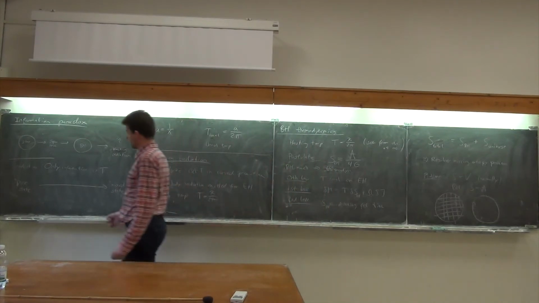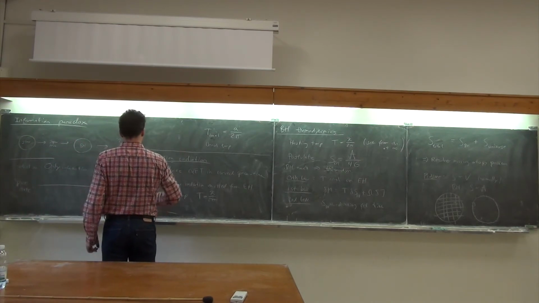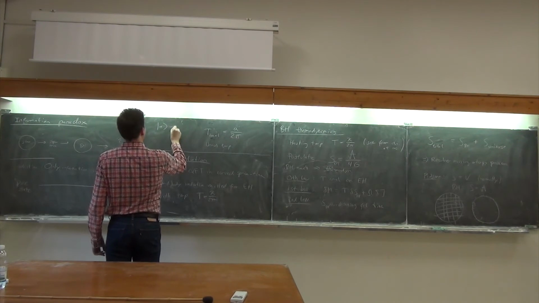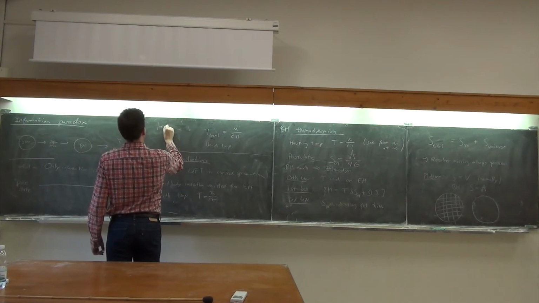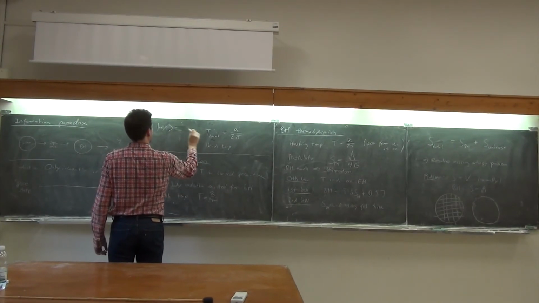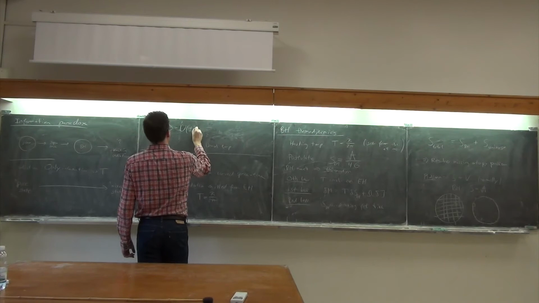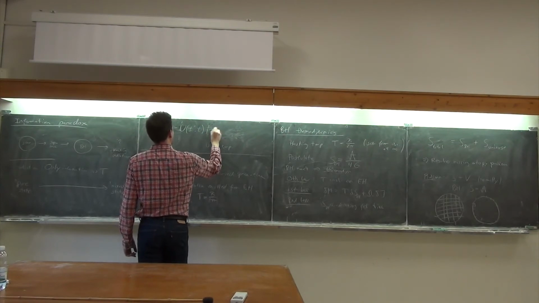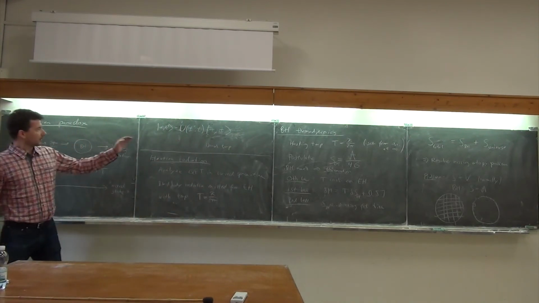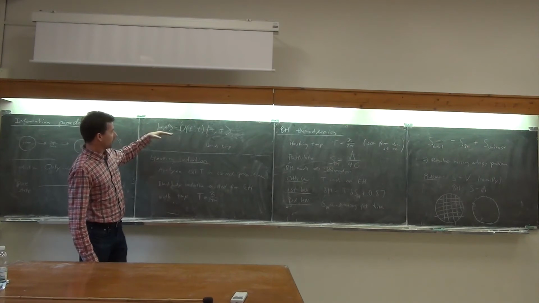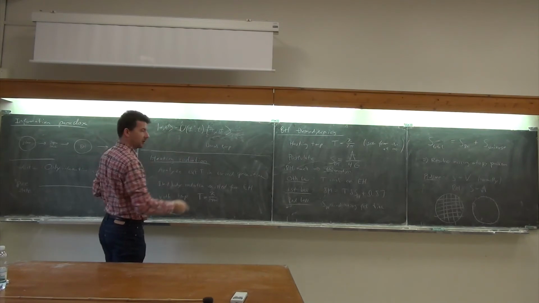Because in quantum mechanics, if you take a state and evolve it, then you use the unitary operator. Something like this, right? And you go from a state to a state, and you can go back in time as well by inverting the unitary operator.